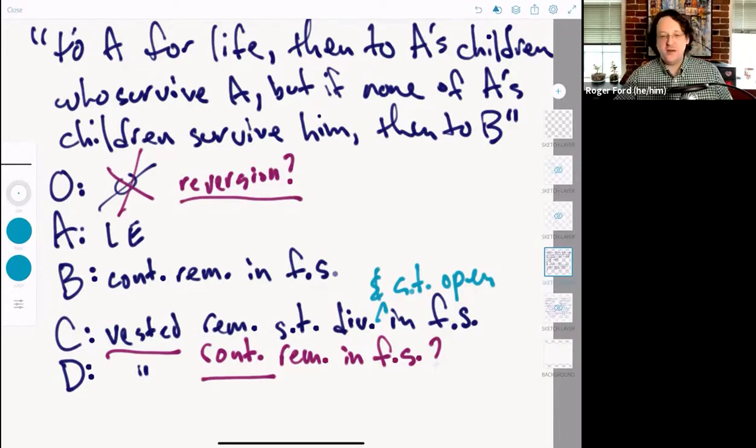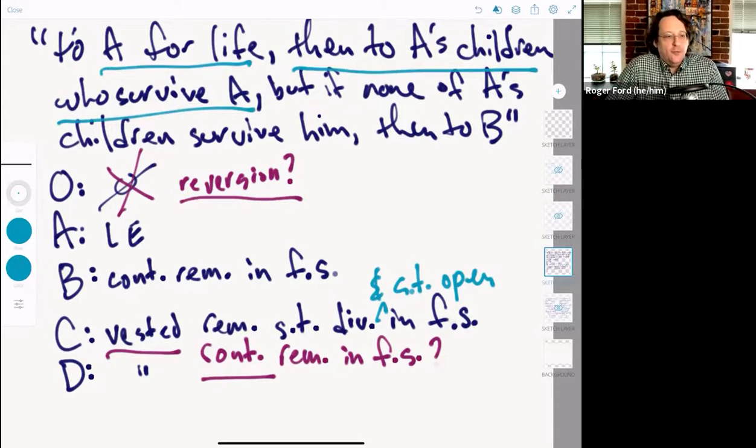And that's a function not of what we think is the real world effect of the conveyance, but of the text, right? So here, the way the text operates, it's to A for life, then to A's children, if they survive A, is another way of saying who survive A, or to such of A's children as survive him, which is something that we don't know now, right?